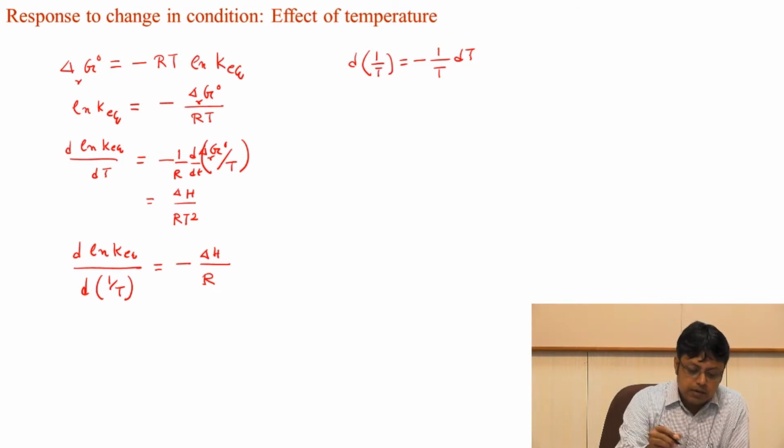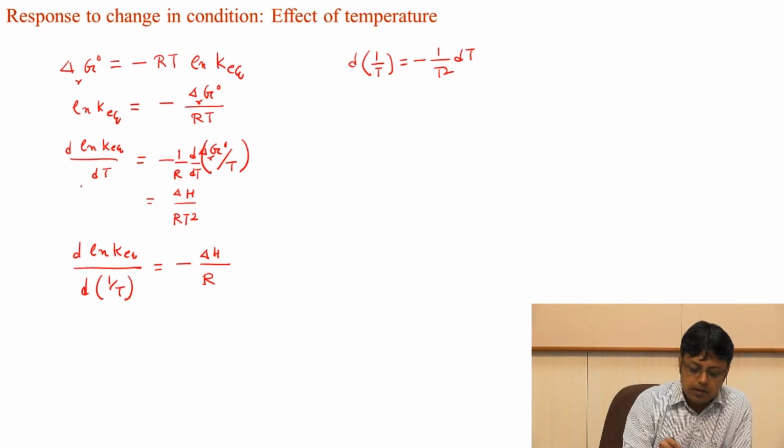So what we could write right from this equation, this is 1 over T square. That 1 over T square term we are just bringing on the other side.